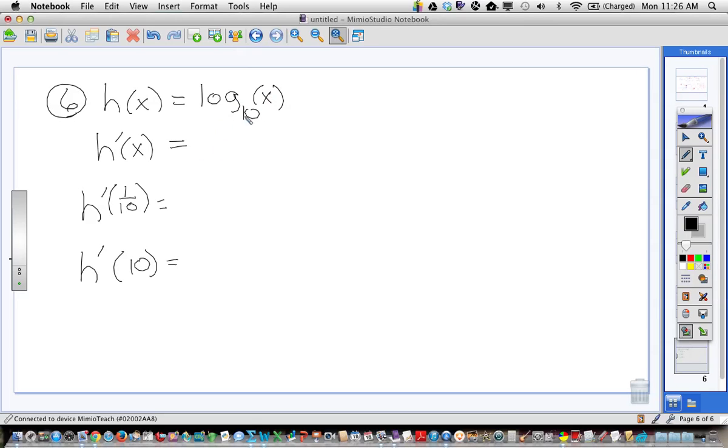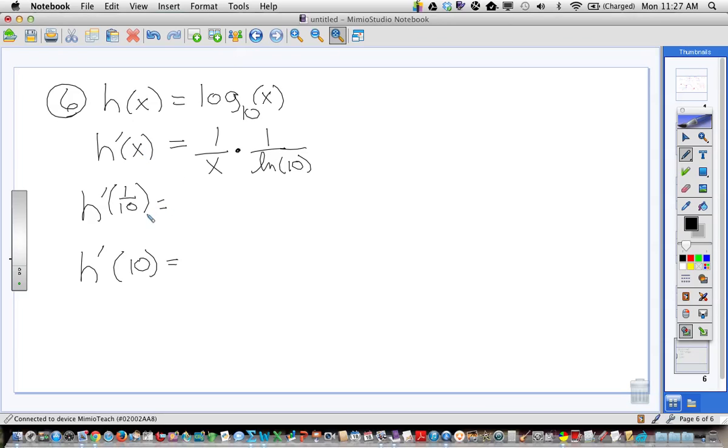What is a derivative of this? 1 over x. 1 over natural log of 10. Right? The base. So 1 over x times 1 over natural log of 10. That is the derivative of x, h prime of x.